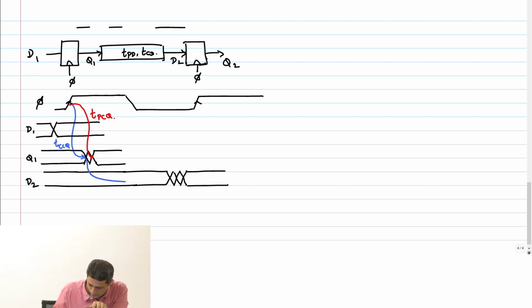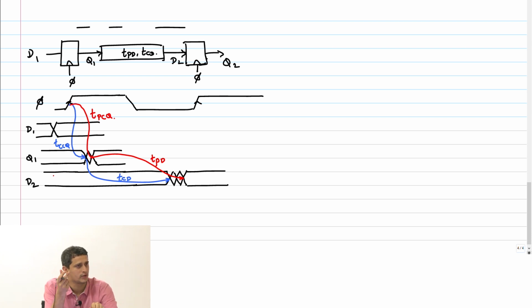From here, what is this delay? TCD, contamination delay of the combinational block. And this guy will be TPD.